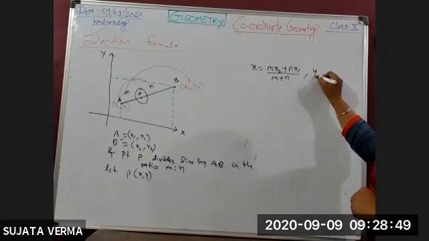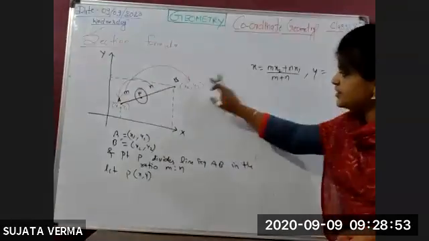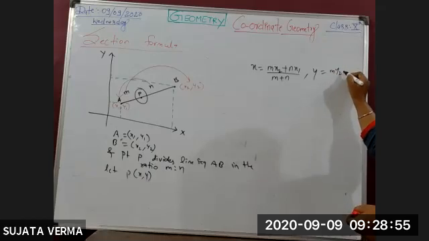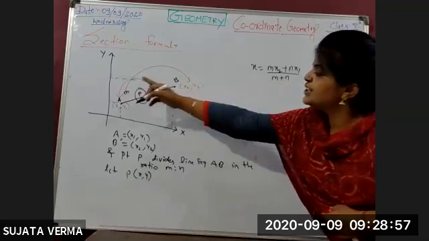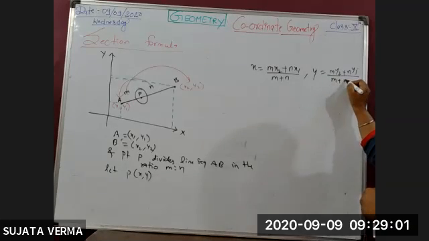And when we find the y coordinate, we take m into y2 plus n into y1 upon m plus n.